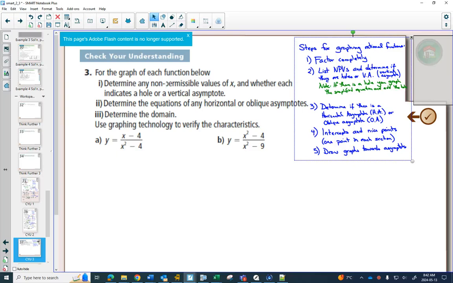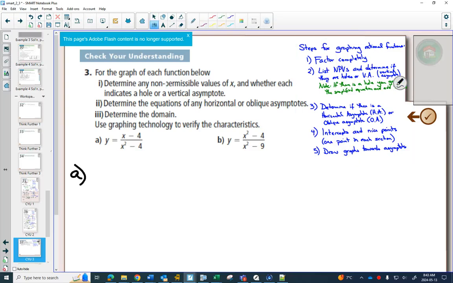And again, for each of these graphs, they ask you to look at certain things, like what are the non-permissible values, what are the asymptotes, what's the domain and range. But we are going to actually go through the steps of graphing it completely, because that's what's going to be asked of you all the way through, so we can see what you've done.